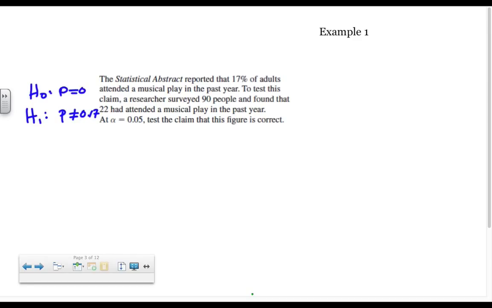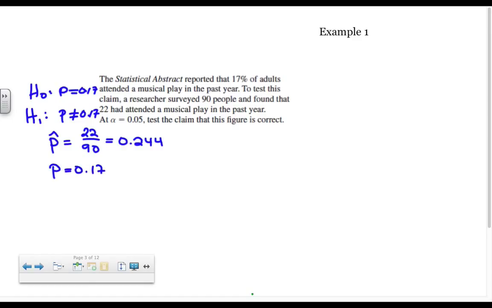My null hypothesis is that P is equal to 0.17. Then I look up my critical value in the chart for alpha equals 0.05 for a two-tailed test. Oh, I must have done that later. We're going to calculate p hat first. So 22 over 90, p hat is 0.2444. We want to prove that that's statistically significantly different than 0.17.